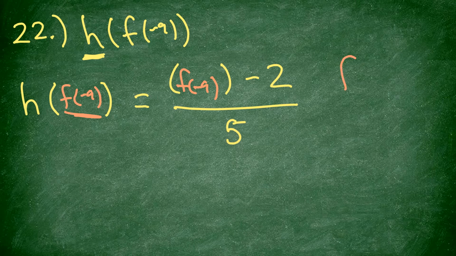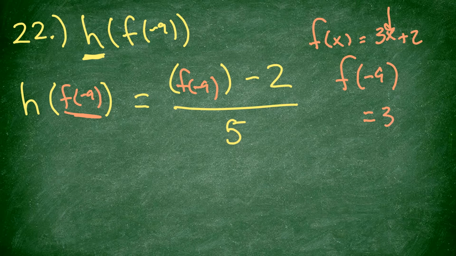Now I look at f of negative 9. It kind of looks like f of x. And since f of x is 3x plus 2, when I make f of negative 9, I just replace that x right there with negative 9. So I put 3 times negative 9 plus 2.